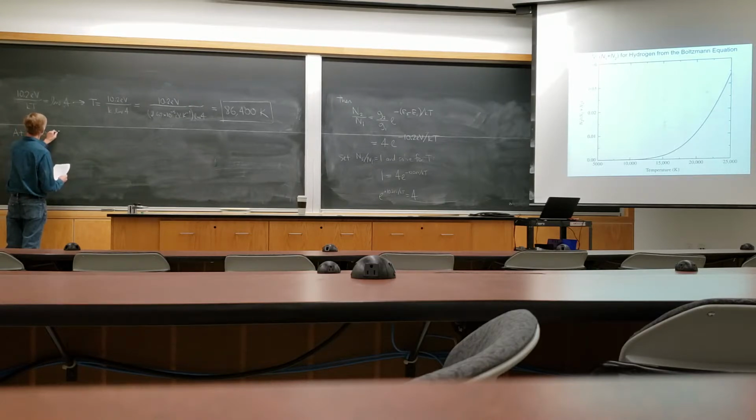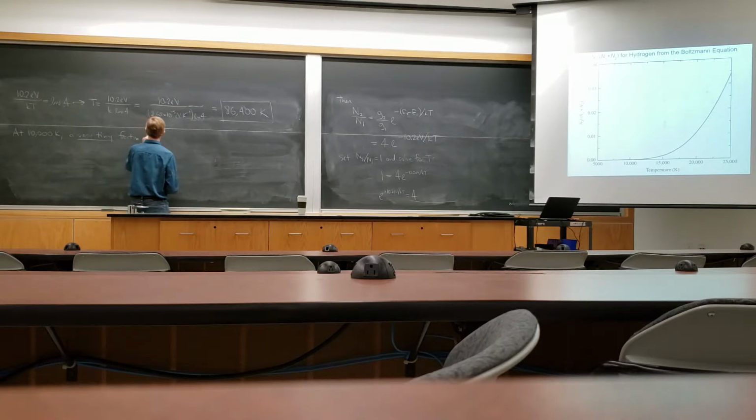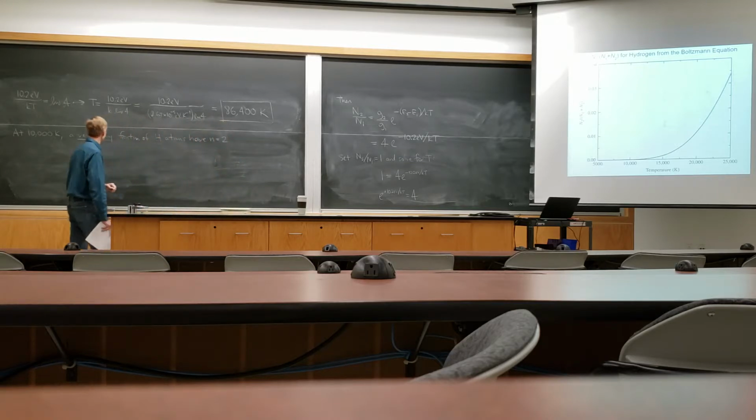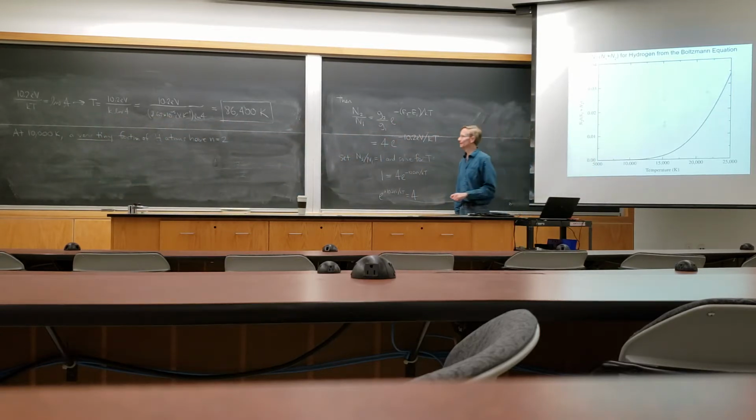So, at 10,000 Kelvin, a very tiny fraction of H atoms have n equals 2. And for the sun, it's 5,800 Kelvin, it's even worse, right? Yeah.